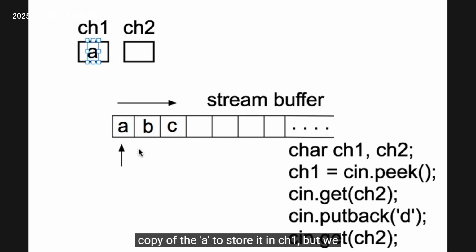We made a copy of the A to store it in ch1, but we didn't move over to read the B next. So the A went from the buffer up to ch1, but then the pointer stayed at A. A was not removed from the buffer, and it will be the next thing to be read.